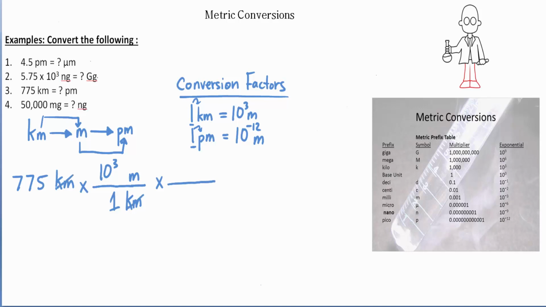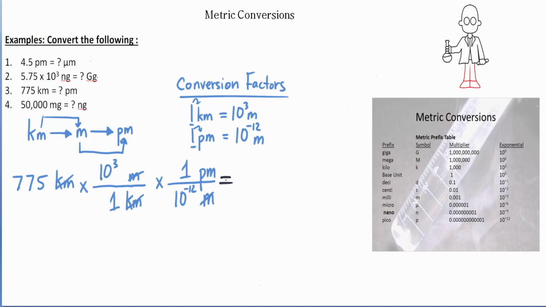Kilometers cancel. Our next step is, we know we want to go from meter to picometer. So we want picometer in the numerator, and we want to eliminate meter in the denominator. So in 1 picometer, we have 10 to the minus 12 meter. Units of meters cancel.